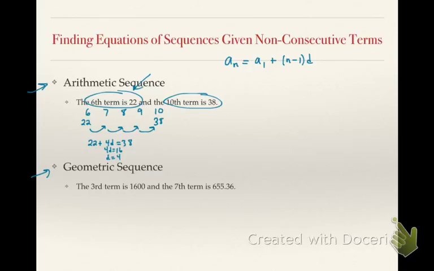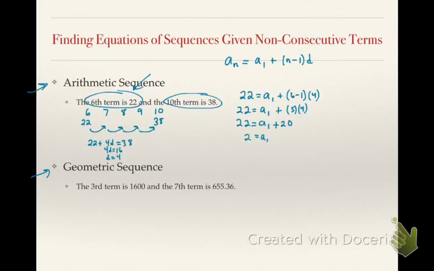So if I use the 6th term as 22, that means that 22 is found by taking the first term, which we don't know yet, added to 6 minus 1, because n is 6 there, times 4. Solving this equation, I can solve for that first term. So if I keep going, I get 5 times 4, which is 20. Subtract the 20 from both sides, I have a first term of 2.